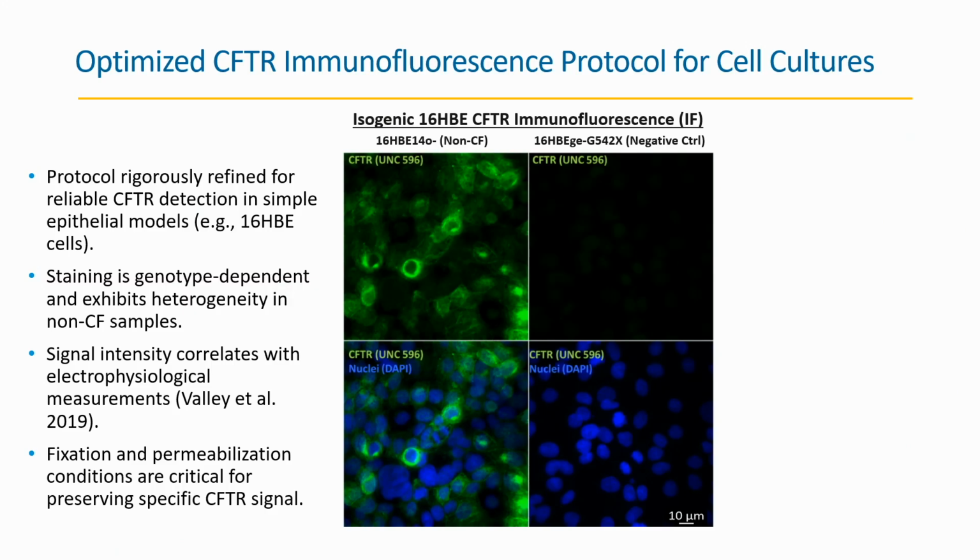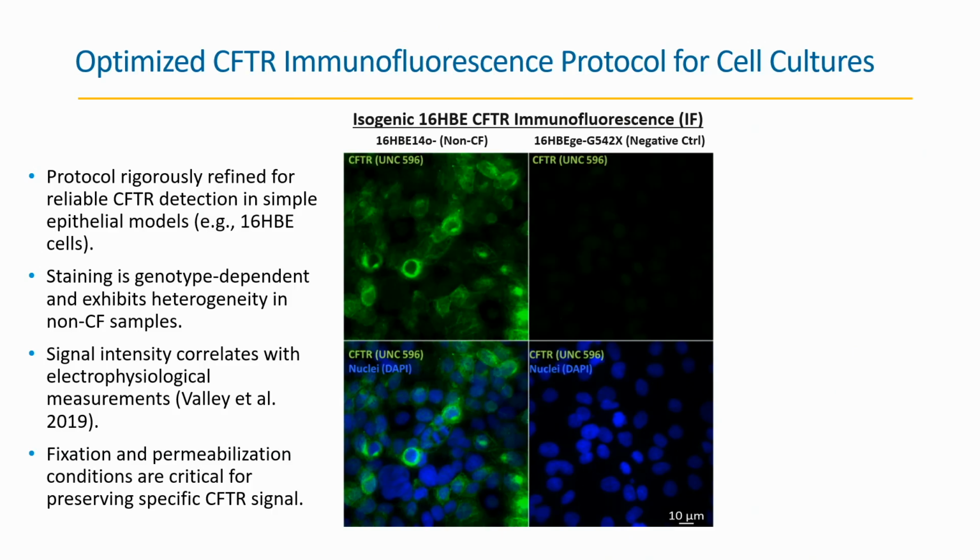In other words, having specific signal in the non-CF line and no signal detected in the CF line. And you can see here that we were ultimately able to achieve that result after a long time of optimizing this protocol. And you can also see there's very good signal to noise ratio here with very little background.